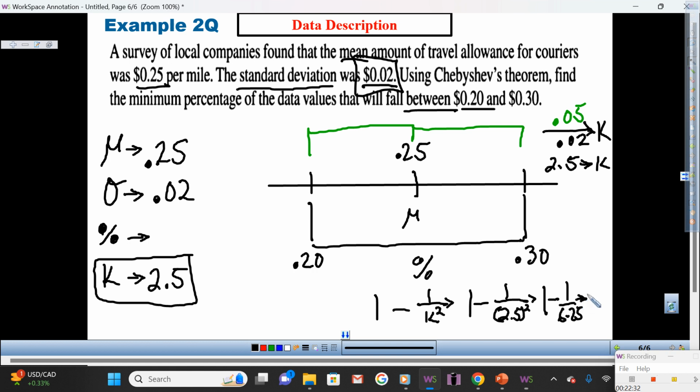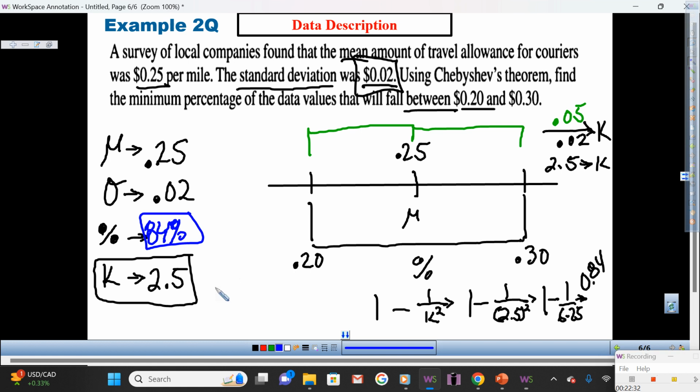Calculators. 0.84. And what is that in percent, everyone? 84%. So what would be our conclusion? It says here, using Chebyshev's theorem, find the minimum percent of the data values that will fall between 0.20 and 0.30.